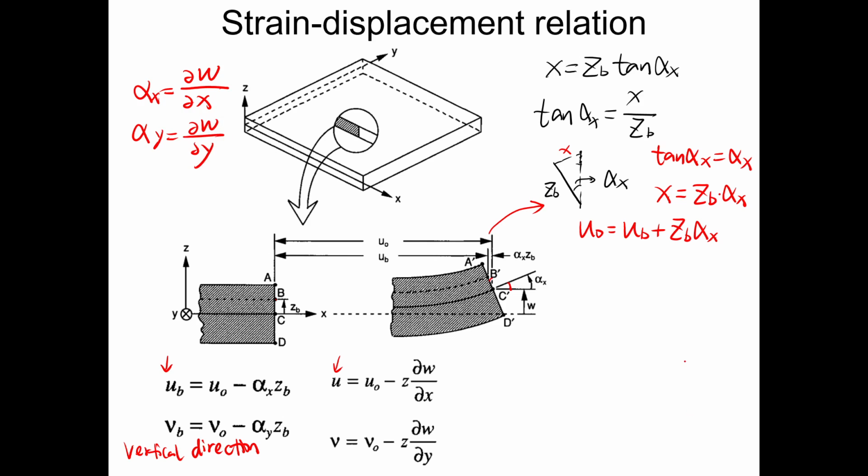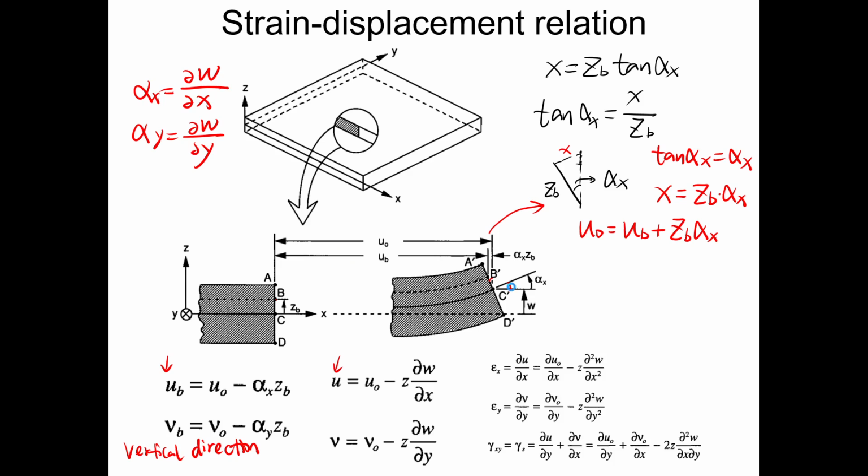Okay, and using that equation, you can simply further derive their strain relationship, because we will have the definition: strain epsilon x essentially is equal to delta u over delta x, and epsilon y essentially is delta v over delta y.